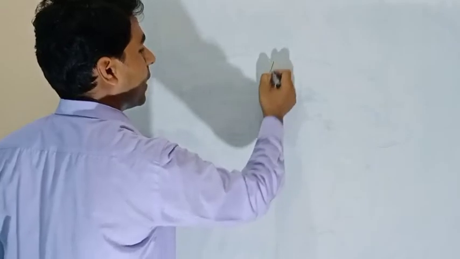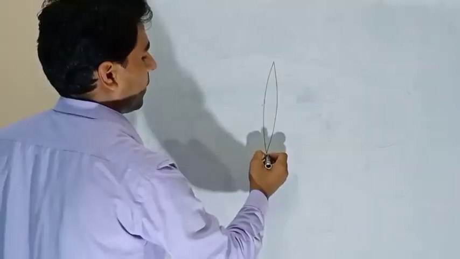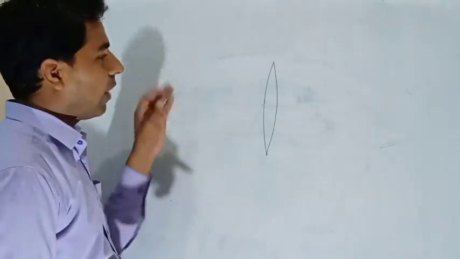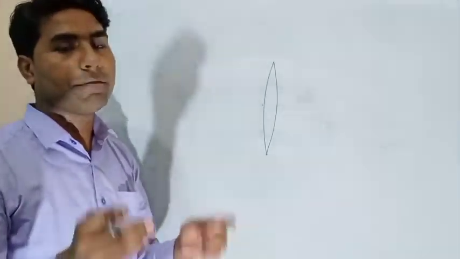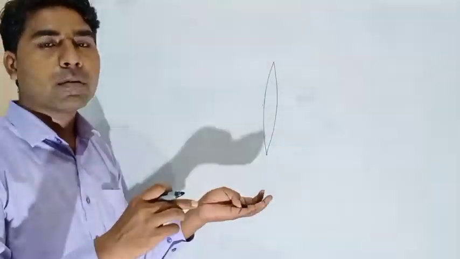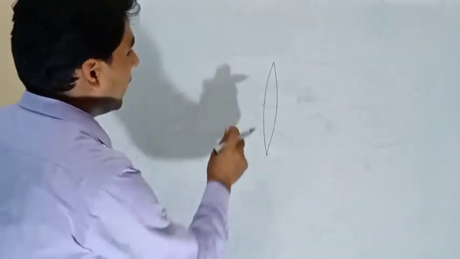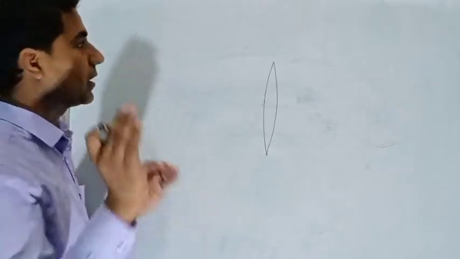Again, the question is: if the lens is very thin, why not from everywhere, if the ray is passing, does it go straight? Very good question. But see, this lens has two spherical surfaces.